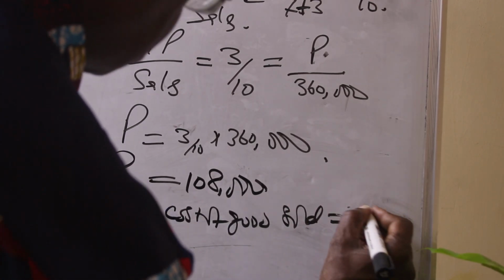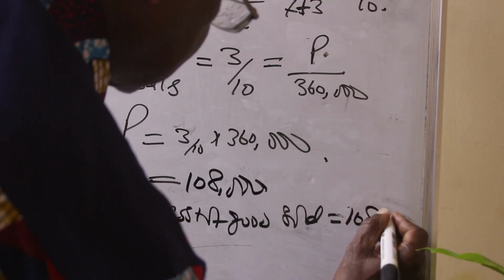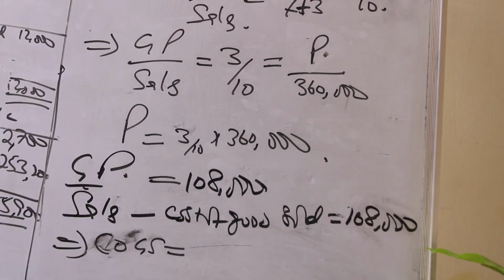Gross profit is 108,000. 108 what? Thousands.